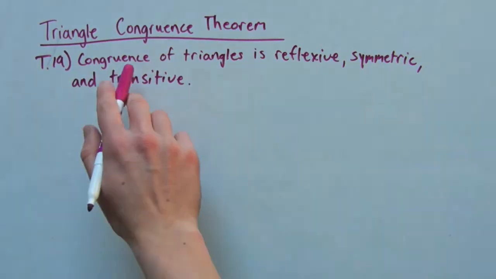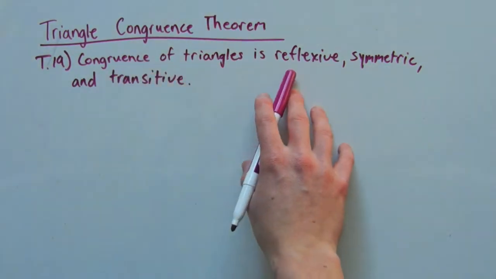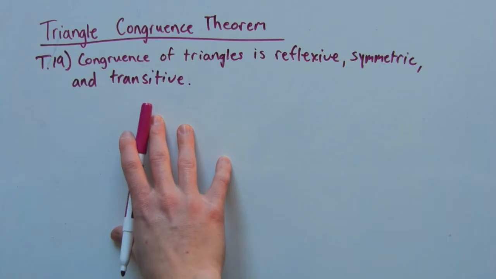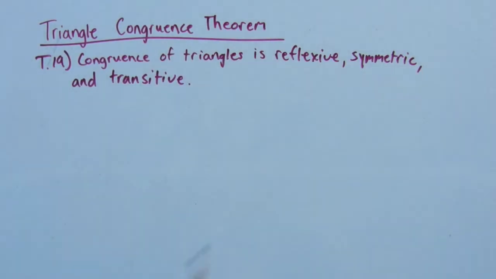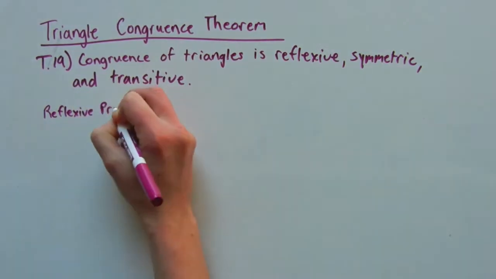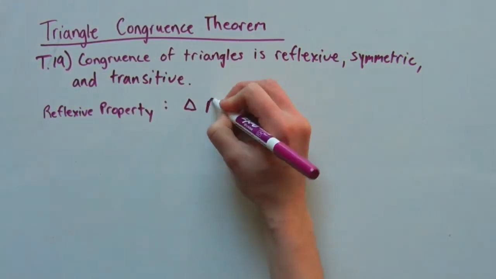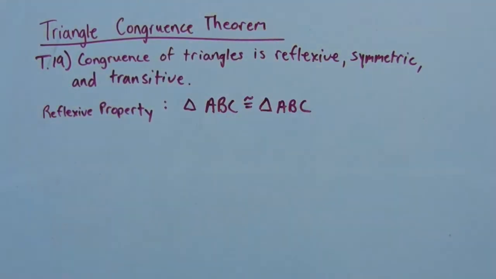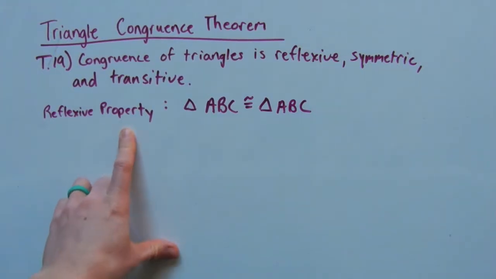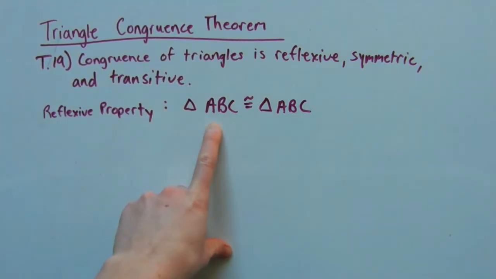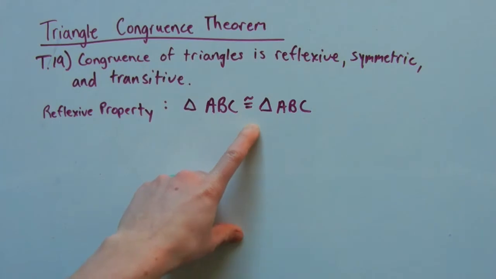It states that the congruence of triangles is reflexive, symmetric, and transitive. Let's go over reflexive first. The reflexive property would be that triangle ABC is congruent to triangle ABC.